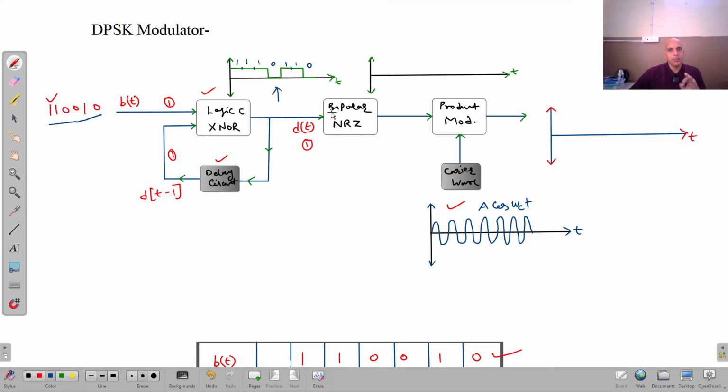Now this bit stream is given to the bipolar NRZ format. So what will it do? It will convert it simply into a bipolar format. You can have this format, bipolar NRZ format, in this way.